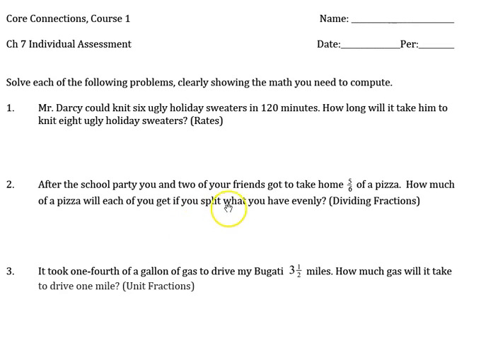So, for example, if you have 5/6 of a pizza, you have less than 1 pizza, right? You almost have a pizza, but you're missing 1/6 of it. If you divide it between you and 2 of your friends, or 3 people, then you should predict that you're going to have slightly less than 1/3 of a pizza, right? If you had a whole pizza and cut it into thirds, let me draw a picture here.